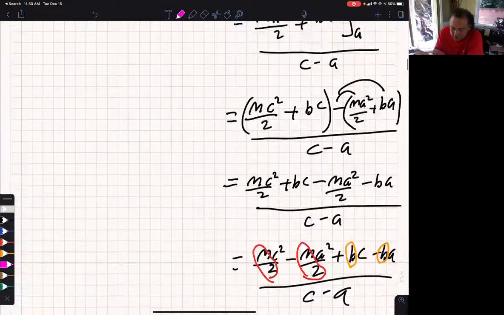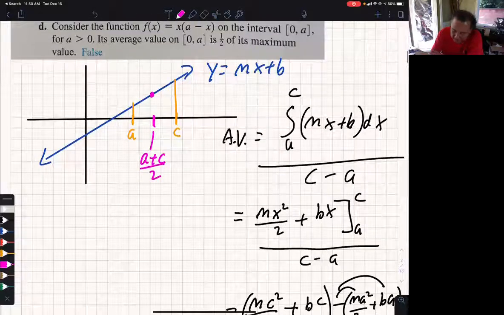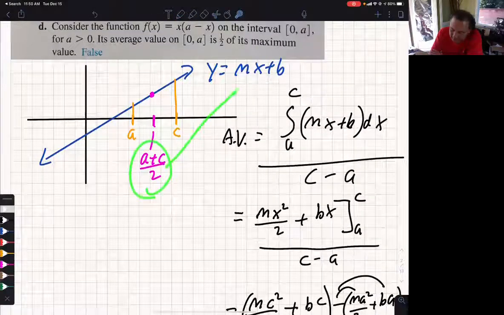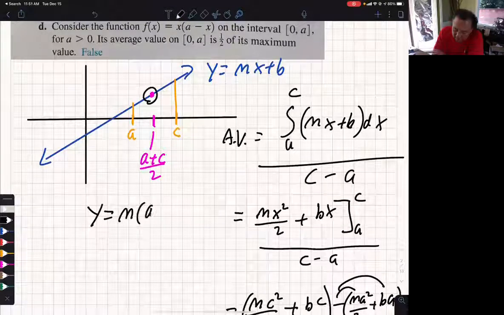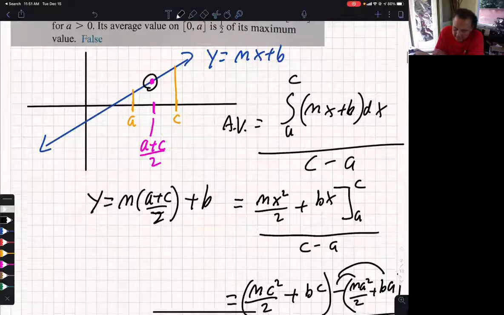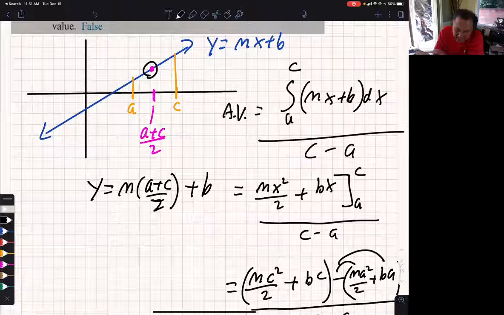So let's check it out. We're going to plug this into the equation for x and see what happens. So the y value here is m times a plus c over 2 plus b. Let me distribute the m here and here.